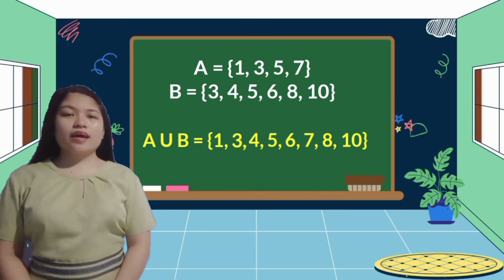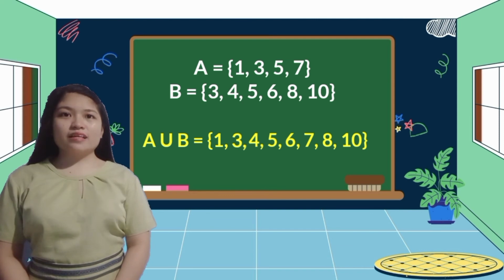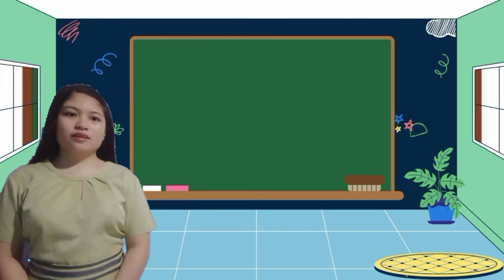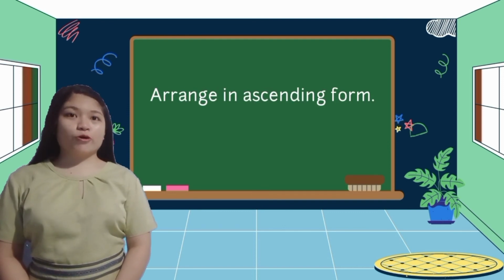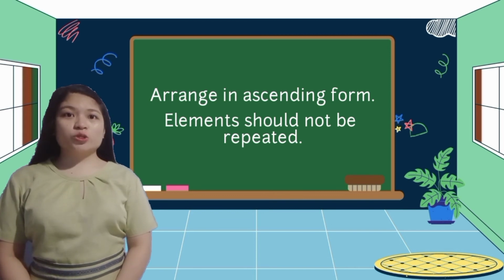So A union B is all the elements from set A and set B combined into one set. We got A union B equals {1, 3, 4, 5, 6, 7, 8, 10}. So that's the final answer. And remember, arrange the elements in ascending order, from the smallest to the highest number, and the elements should not be repeated.